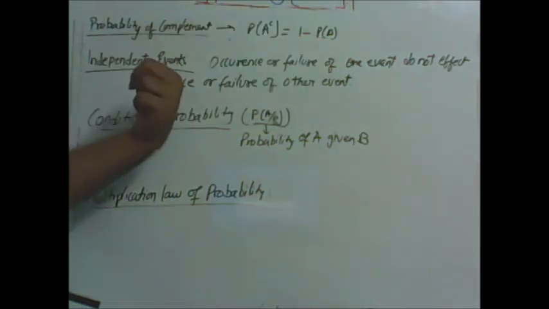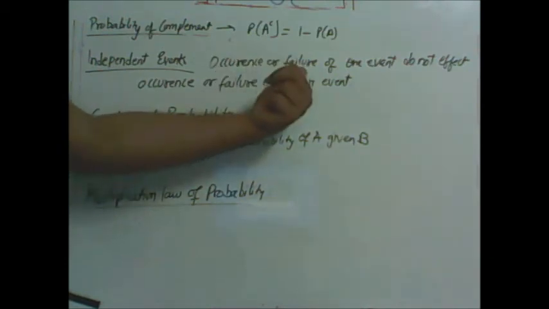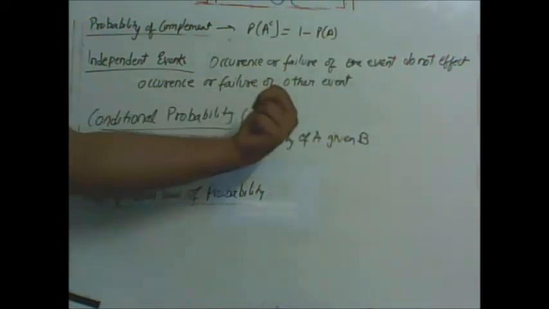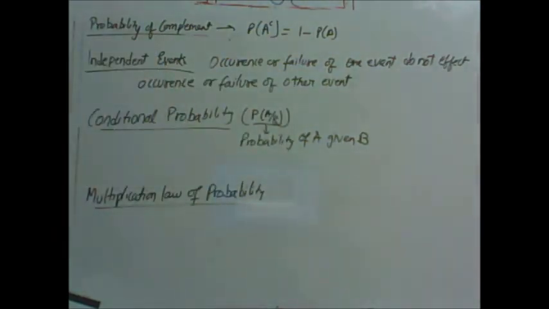Now independent events: the occurrence or failure, either success or failure, of one event does not affect the other event's occurrence or failure, then those two events are called independent events. Now coming to conditional probability, there are two events A and B in the sample space. It is not always compulsory that they are independent.